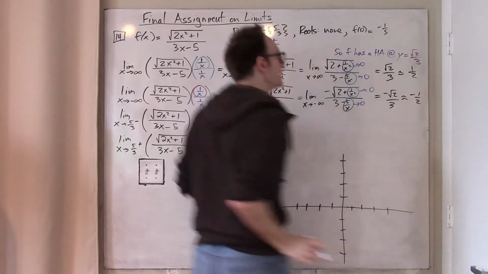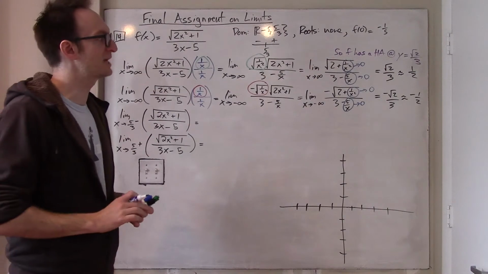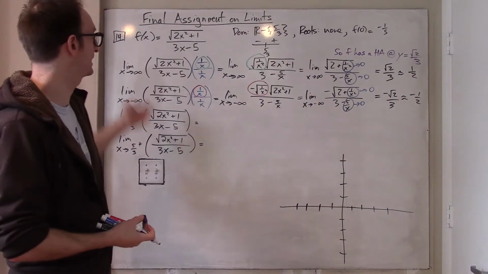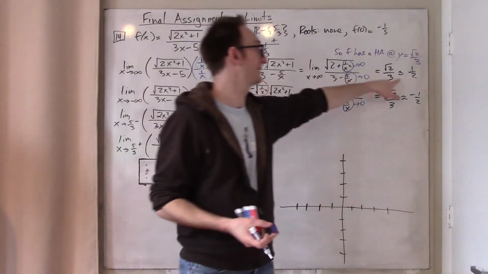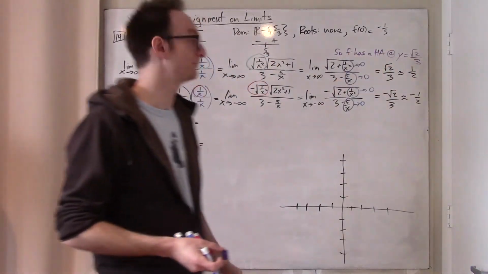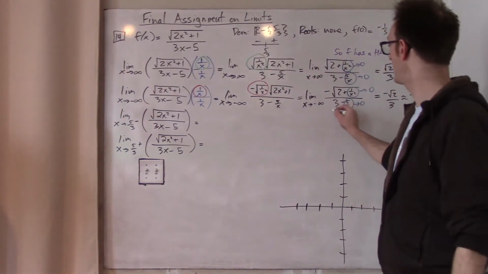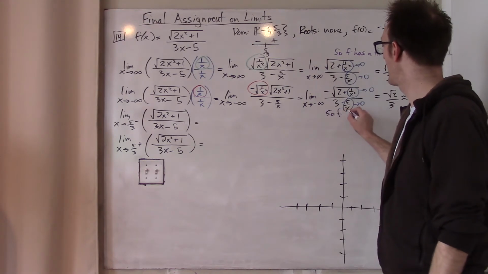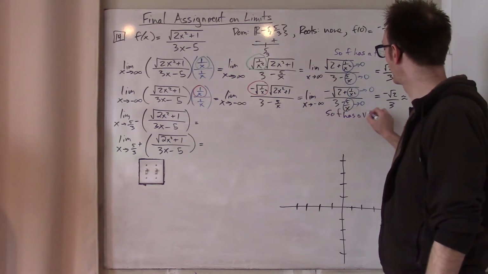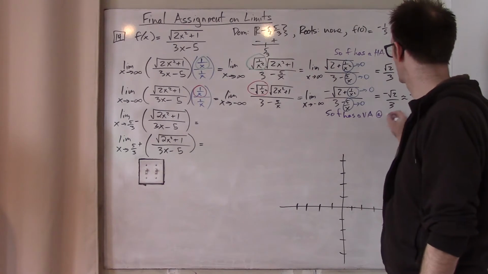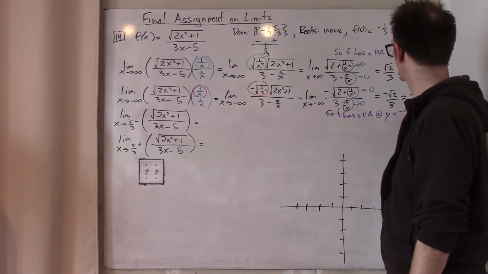So the justification of the fact that the function has the horizontal asymptote is simply the demonstration that the limit is 1/2 as x goes to infinity. And also, alright, so f has a horizontal asymptote at y equals negative root 2 over 3.